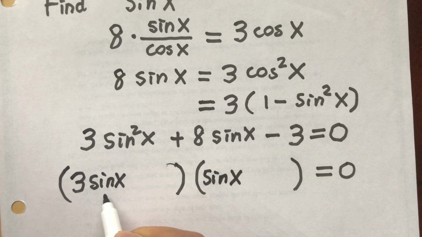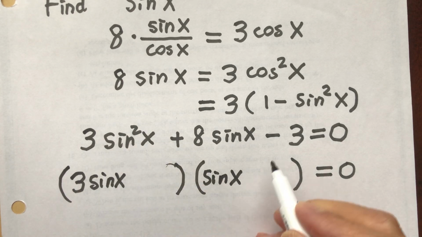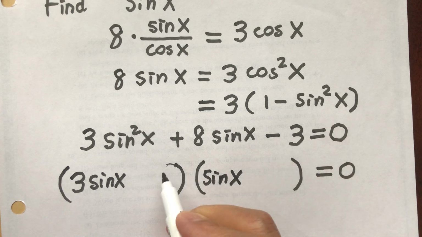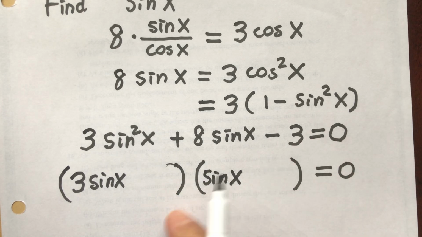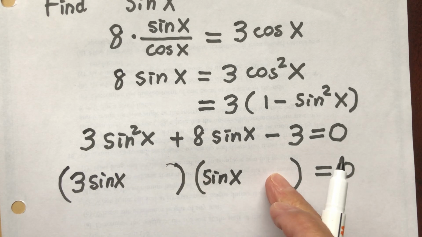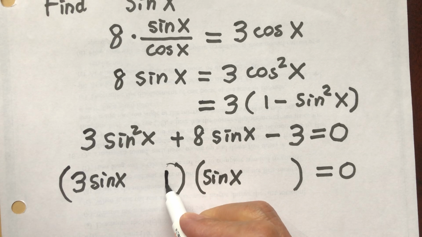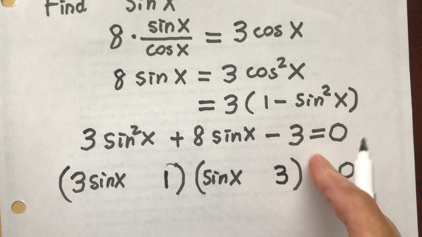So this times that gives this. I have a 3 here. I can either put 3 here and 1 here, so that gives me 3. Or I can put 1 here and 3 here. One times 3 is 3.